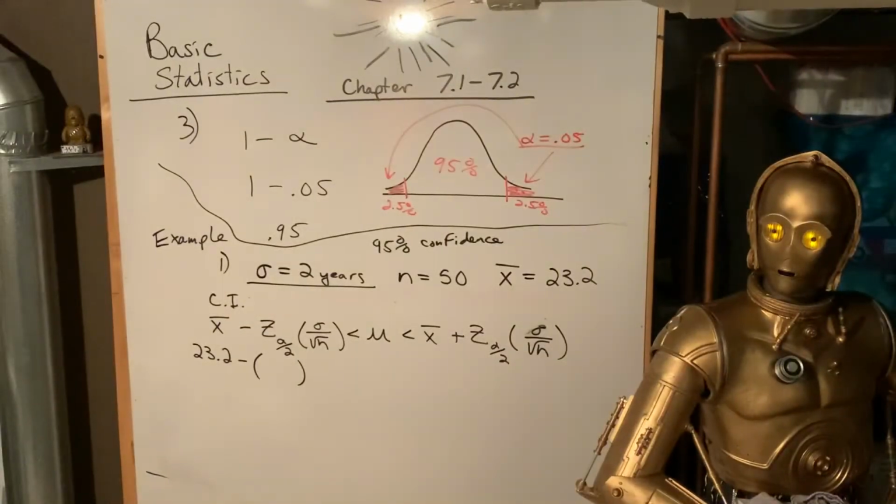So now, if you flip a couple of pages to table F. So table F on 95%. And follow it down.